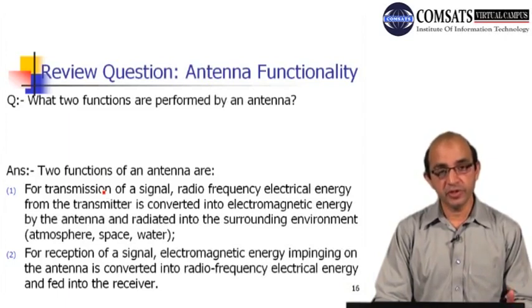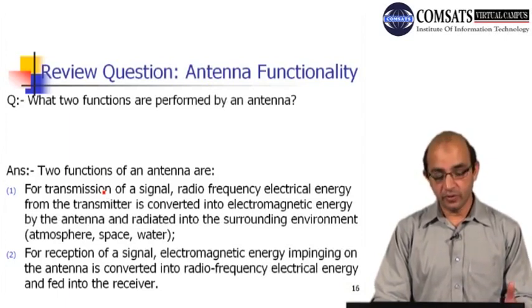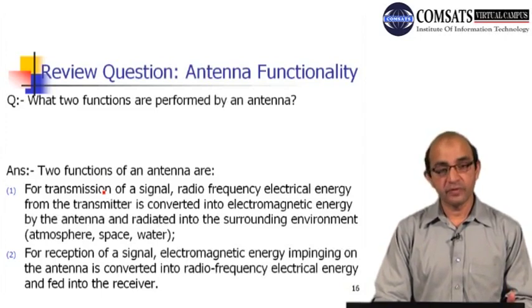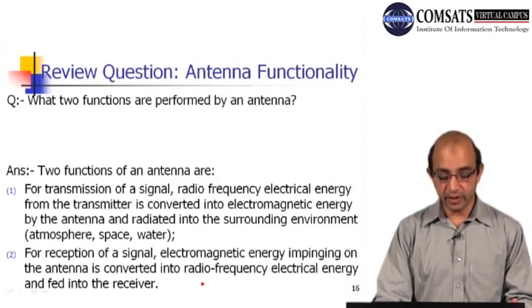In order to have the transmission, we have to convert the electrical energy into the electromagnetic energy, and that energy has to be radiated into the atmosphere, free space and water. And if we are talking about the receiving antenna, for reception of a signal, EM energy that is being incident on the antenna has to be converted to the radio frequency electrical energy.